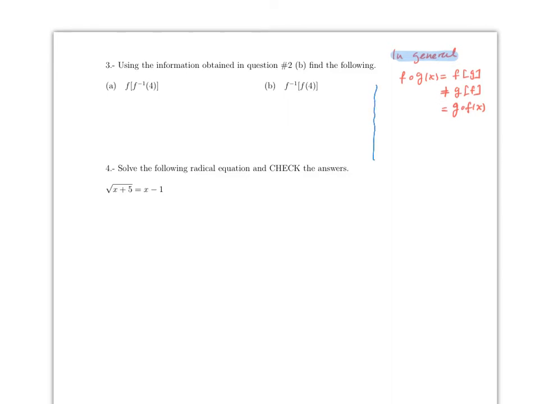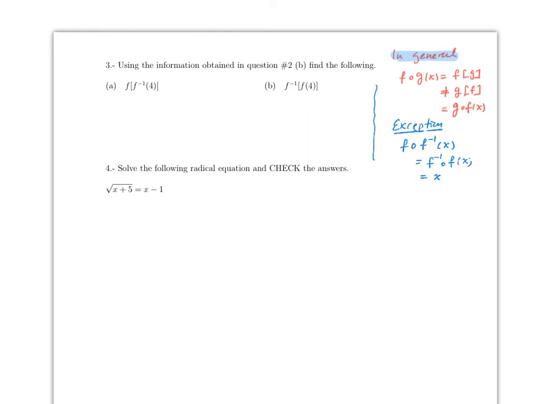Okay? But there is an exception to the rule, and the exception is this: the f composition with the inverse, if the inverse exists, is not only equal to the composition of the inverse with the function, but this is always equal to x.